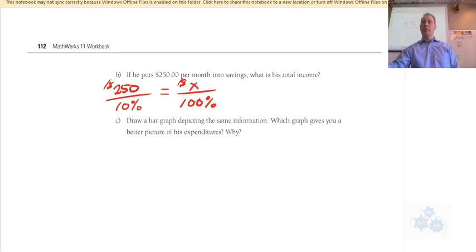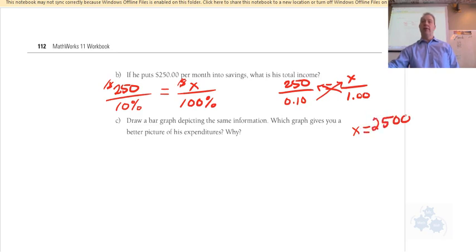Would the 100% just be 1? Well, yeah, if you want to do the decimals, then you could write it like this: 250 over 0.10 equals X over 1.00. So what do you get? You cross multiply and you divide, and you should get X equals what? 2,500.